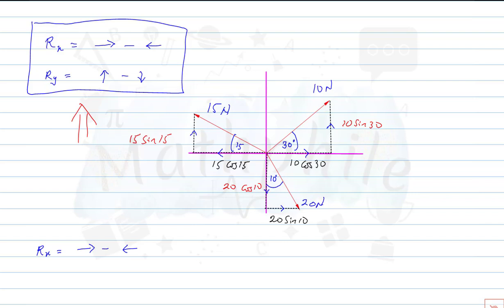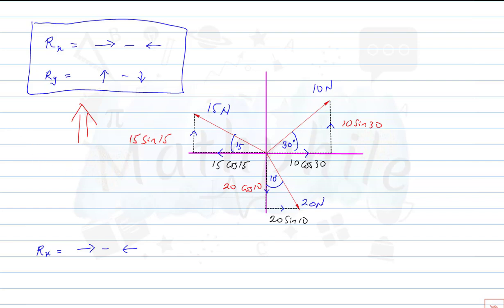We've got this force going to the right, and this force also going to the right, and we've also got this force going to the left. So in the x direction, two going to the right and one going to the left. That's why it's very important to indicate the directions when you complete the force diagram.